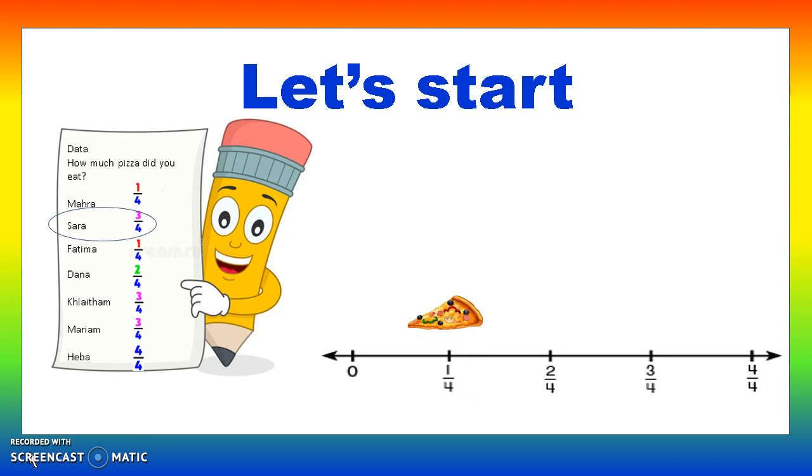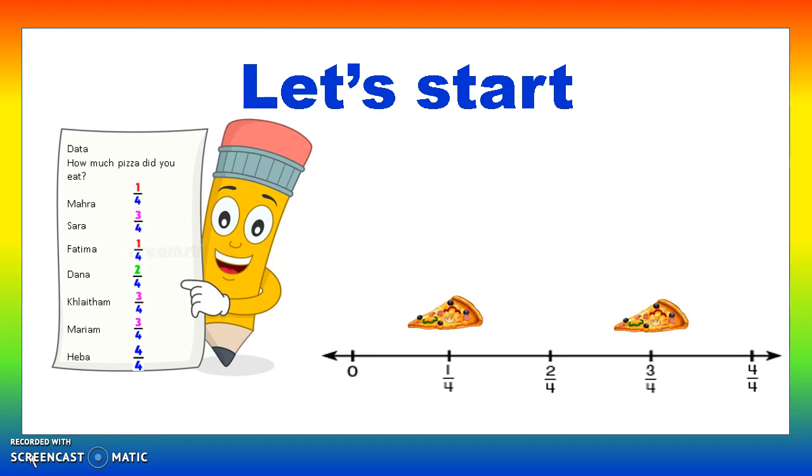Sarah ate 3/4 of the pizza. What do we do next again? Yes, we find 3/4 on the number line. There it is. Then we put a pizza slice above 3/4. Just like that.